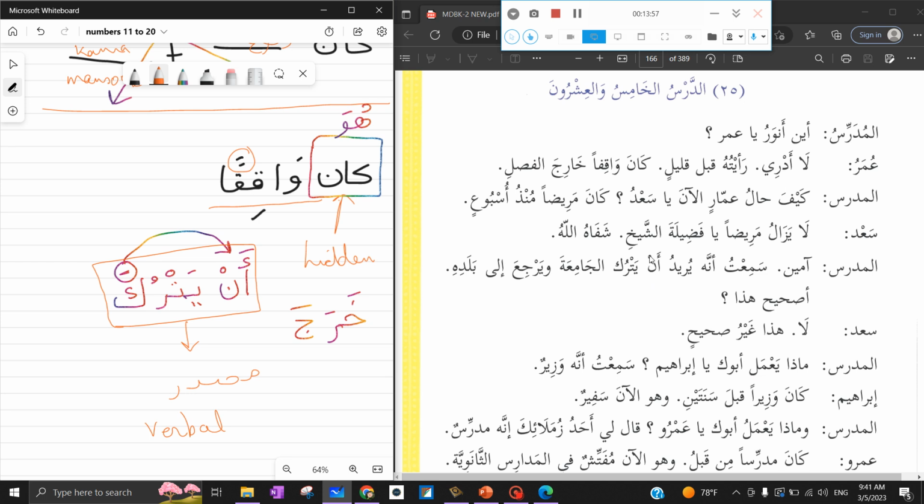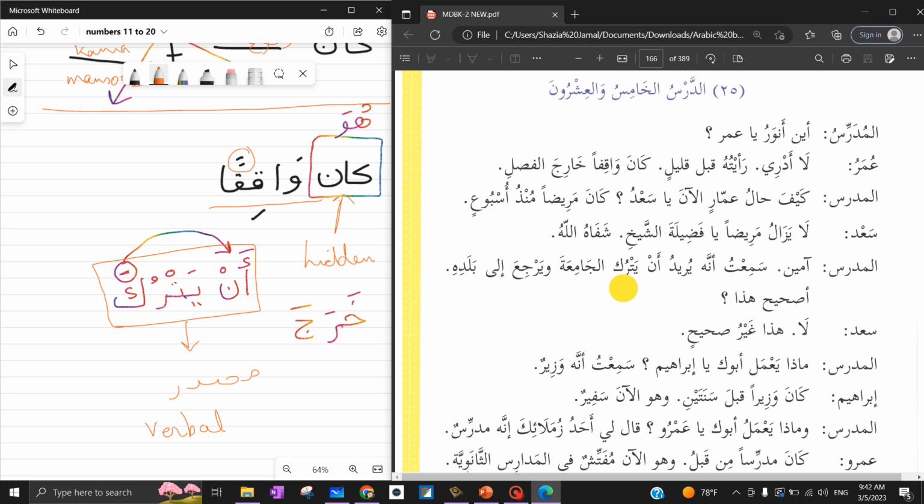So now this is the harf nasb, so here ka should have a fatha as I've explained here. An yatruka al-jami'ata, the university, wa yarji'a. Now why is this ayn with fatha? Because there is matuf. And this fail mudare is following the same Arab of yatruka. That's why the ayn has a fatha over it.